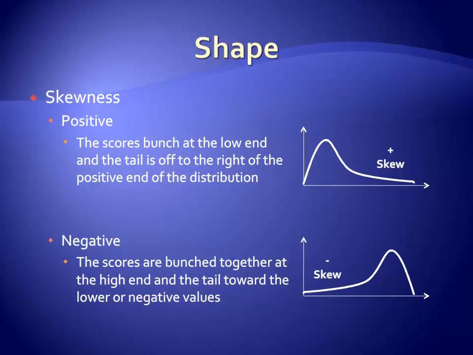Your distribution would then be described as being positively skewed. You are likely to find positively skewed distributions in a variety of situations. In a classroom, a student who scores much higher than the rest of the class is likely to make the distribution become positively skewed.